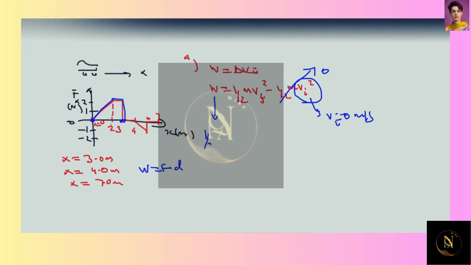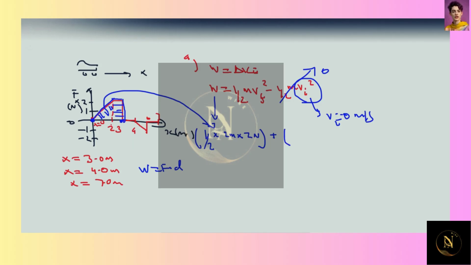So we're going to do 1/2 times the base, which is from 0 to 2, so 2 meters, and then times the height, which is 2 newtons. That's the energy required to move the car from 0 to 2. And then we also have the rectangle, which is just the base times the height.